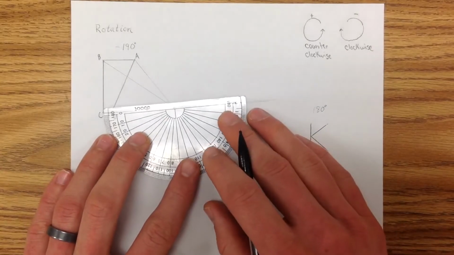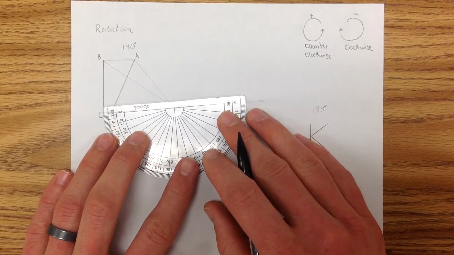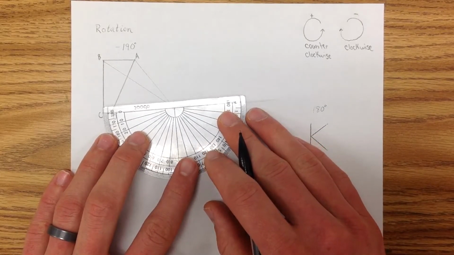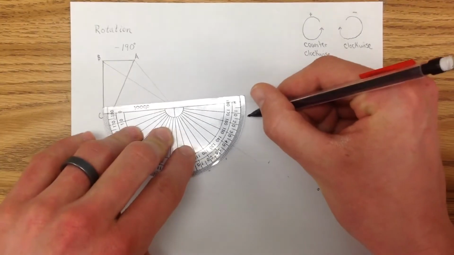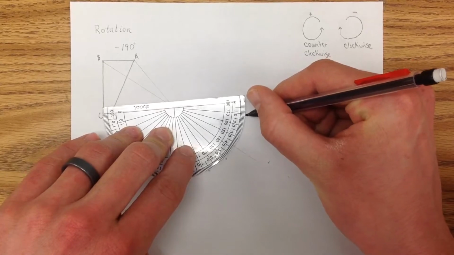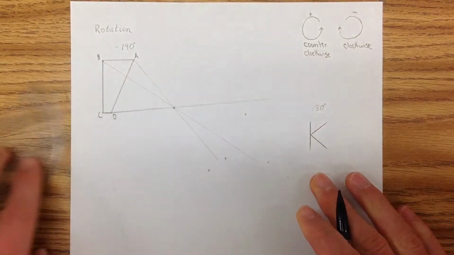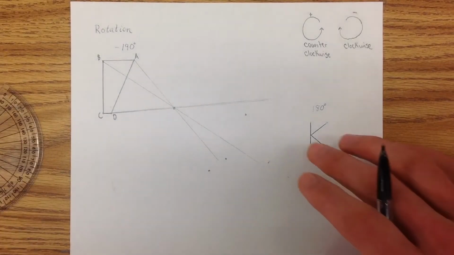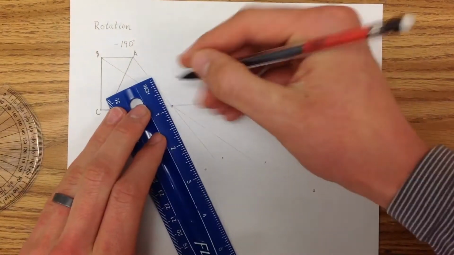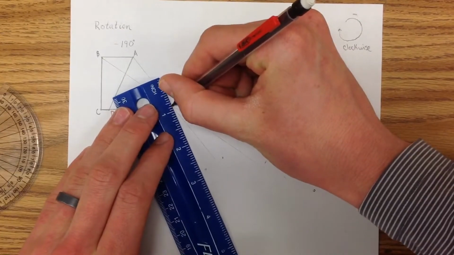Okay. And these are actually really close to the same spot, so it makes it a little tricky. But yeah, I'm going to go positive 170 for both of those as well. Okay. Now for there, go ahead and again lightly connect those dots.